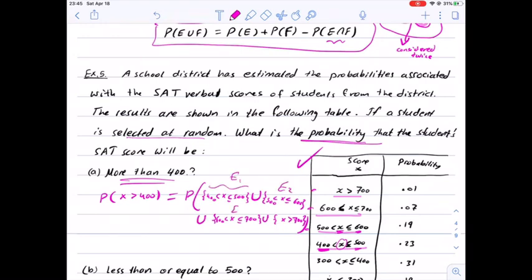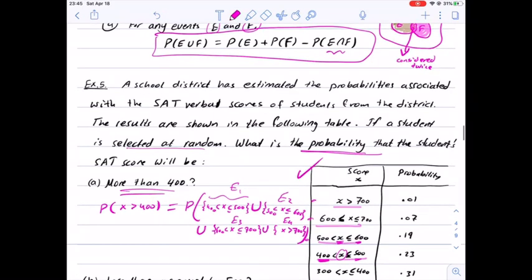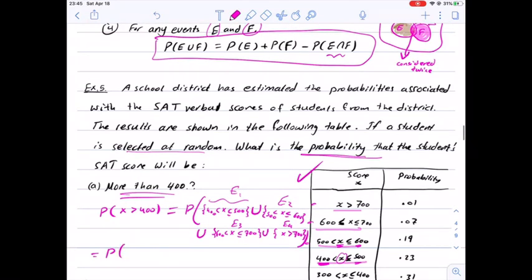This is E1, this is E2, event 2, this is event 3, this is event 4. So the probability of the union, since those are disjoint, is the probability of E1 plus the probability of E2 plus the probability of E3 plus the probability of E4.